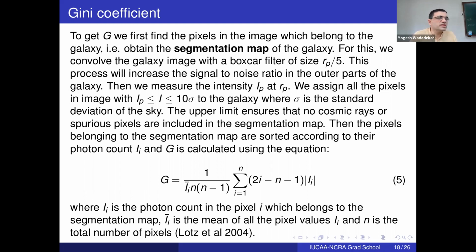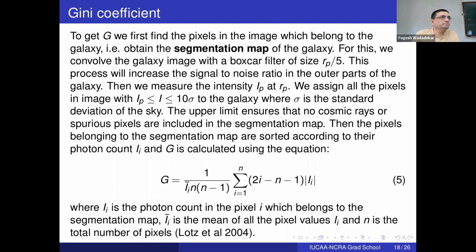What that will do is redistribute the light in the outer parts of the galaxy in such a way that it will increase the signal to noise in the outer parts of the galaxy. So what we are doing here, we are sacrificing resolution for improved signal to noise. Then we measure the intensity I Petrosian at R Petrosian. We assign all the pixels in the image with I Petrosian less than I less than 10 sigma to the galaxy, where sigma is the standard deviation of the sky.